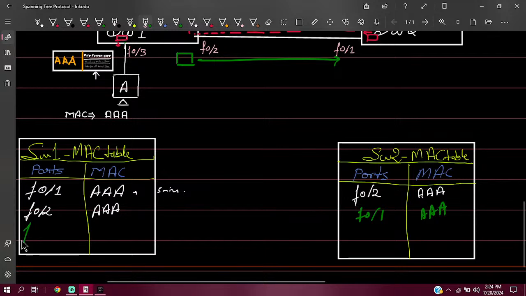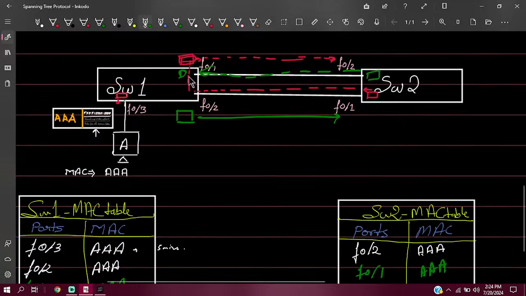Again, a MAC address table entry would be created. This is 3, sorry, my mistake, it was 3. Again, one copy would be sent out here, and another copy would be sent out in the loop to run endlessly here.